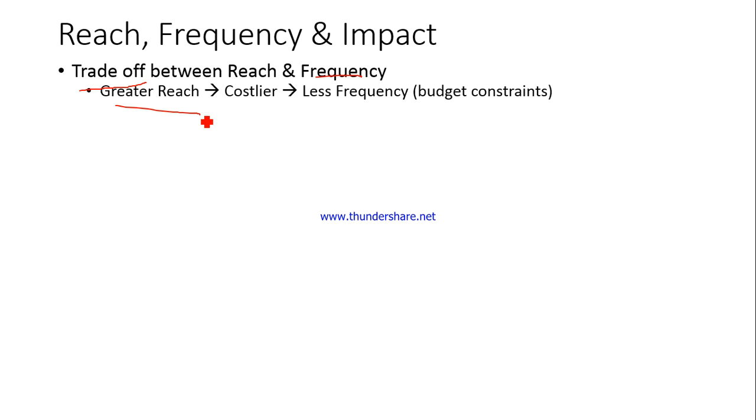And if it is already costly, why would you want to increase the cost further by increasing the frequency? So what you will do is you will compromise on the frequency part. You will reduce the frequency. So you have aimed at a very higher reach. For that you have placed your advertisements on Times of India, but since it is going to be costly, you reduce the frequency. This is fine.